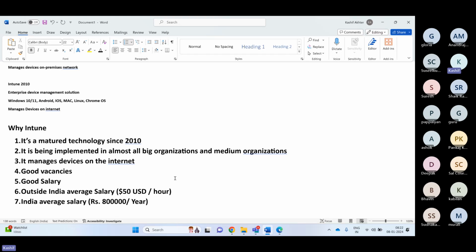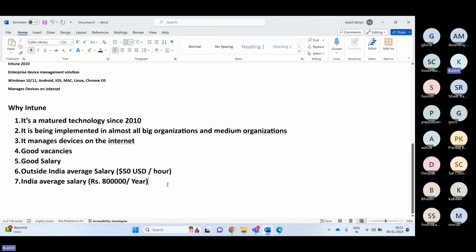Okay. So good vacancies, good salary. Outside India, the average salary is this. India average salary is this. Okay. So you can compare the salary based on your region. Okay.